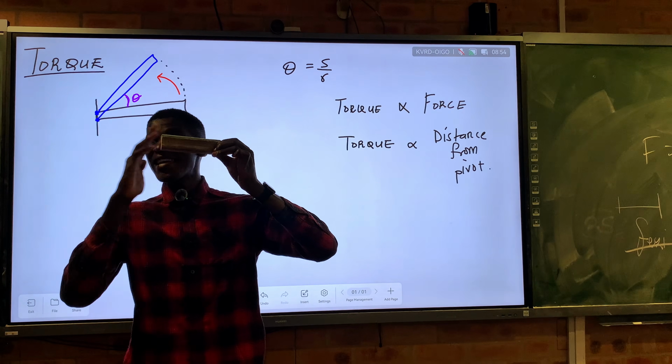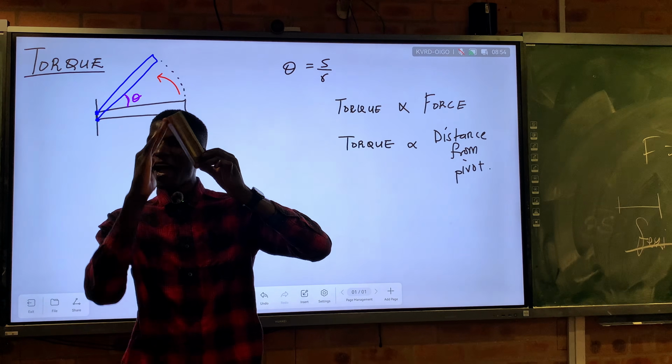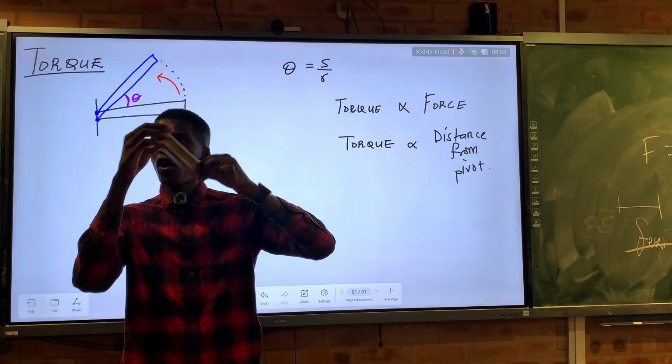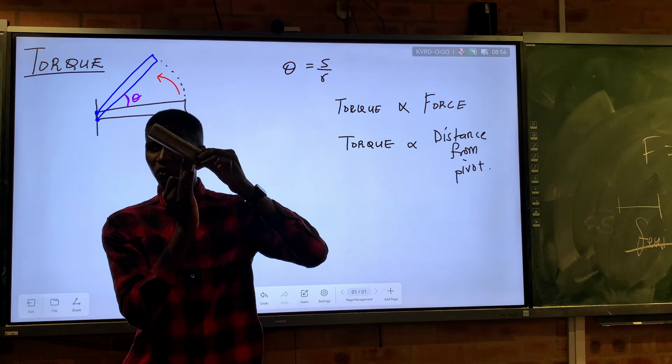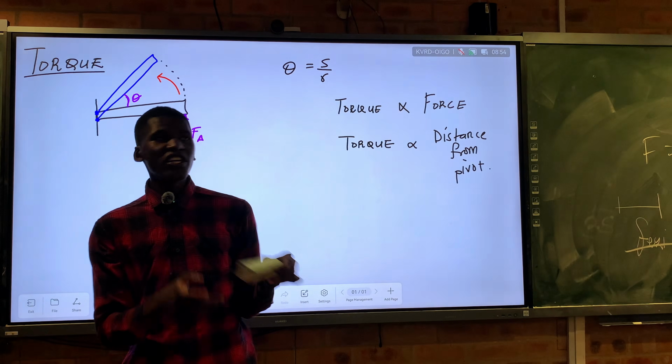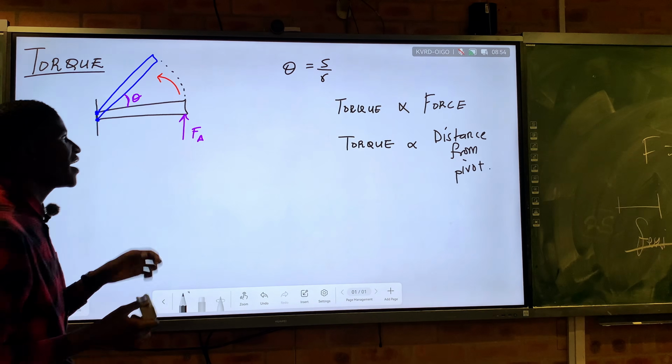So the bigger the distance, the bigger the torque. If I apply a force far away, it's going to rotate more compared to applying the force closer, where it's not going to rotate. So torque is directly proportional to force, and it's also directly proportional to the distance.